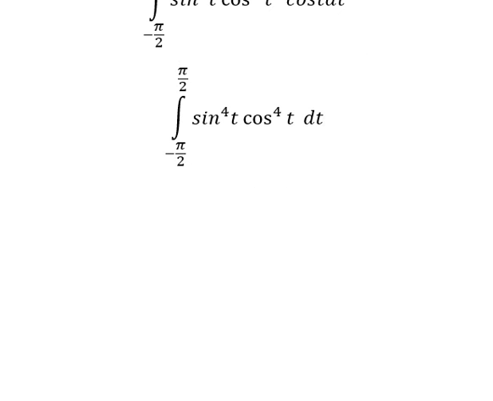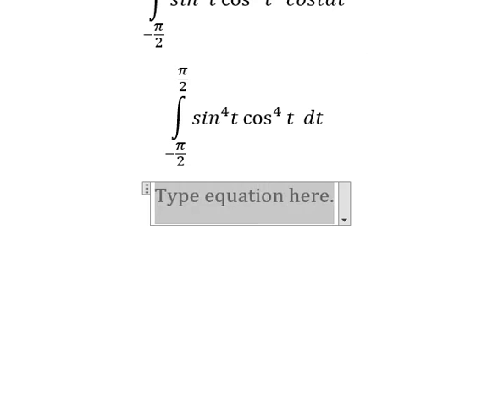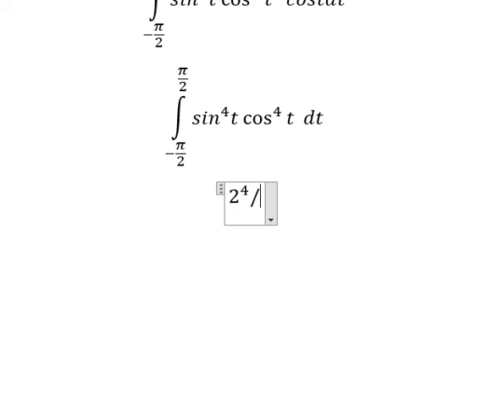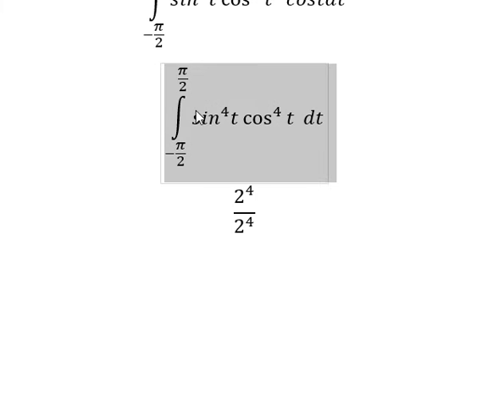Next, I will put 2 to the power of 4 over 2 to the power of 4 because I want to create 2 sine t cosine t inside the power 4 in here.